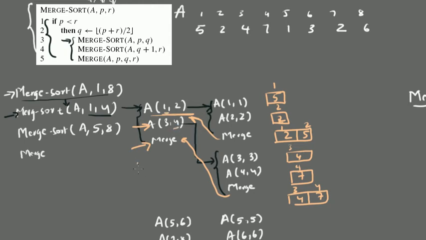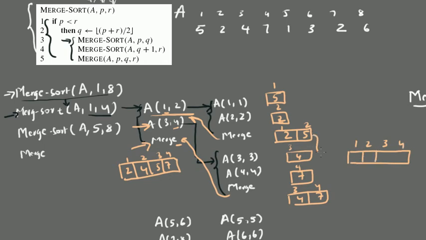So when you merge, you're actually merging 1 2, which is 2 5, and 4 7. You'd be having 2 4 5 7, A 1 2 3 4, right? So because you're merging from 1 to 4, if you look at the contents of A 1 2 3 4, after the return, you have 2 5, and you have 4 7.